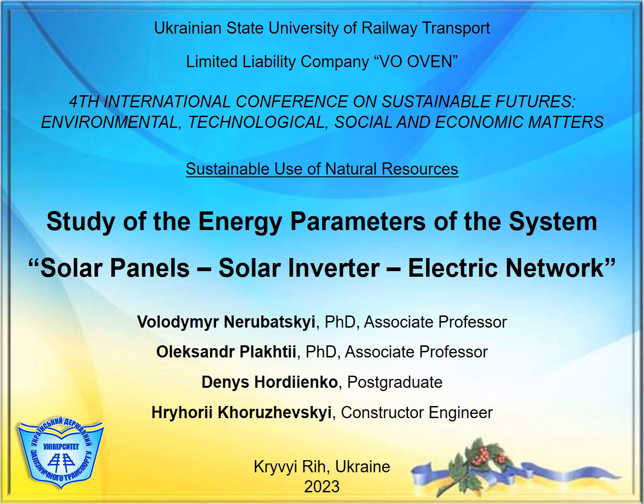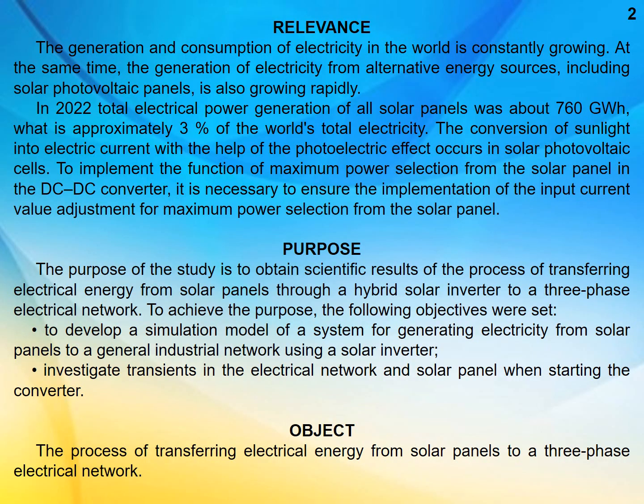To your attention is presented a study on the topic: Study of the energy parameters of the system solar panels, solar inverter, electric network. The generation and consumption of electricity in the world is constantly growing.